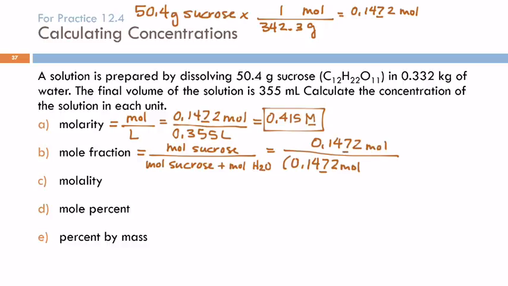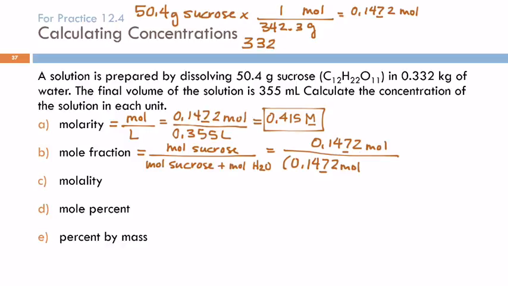How do we figure out the moles of water? Well, they gave us a mass of water. This is the volume of the solution, so we can't just use density and do that, but we can use this. So 0.332 kilograms. How many grams is that? 332.